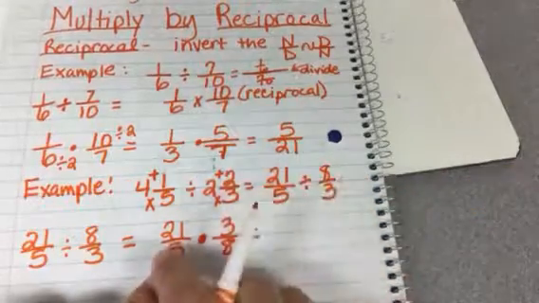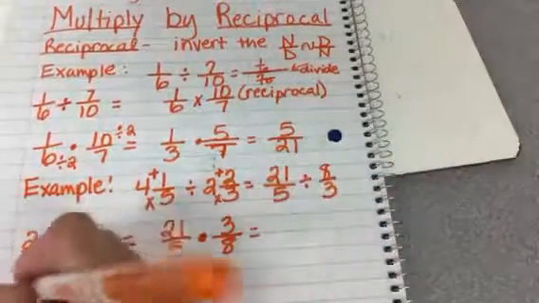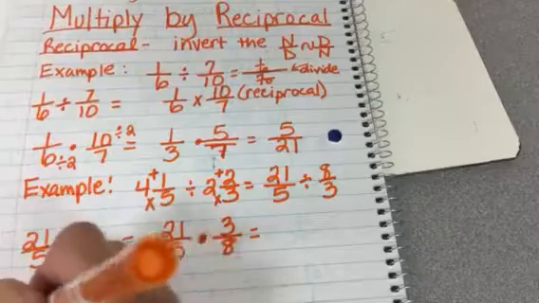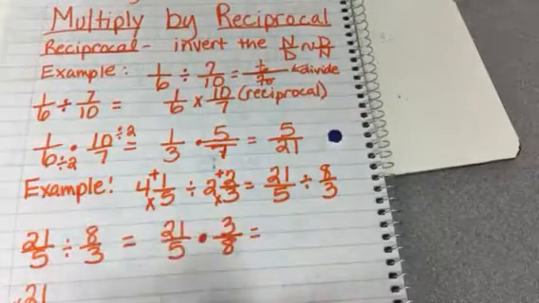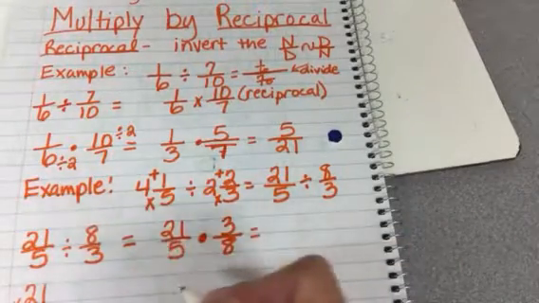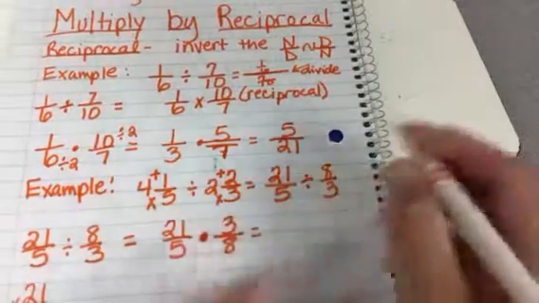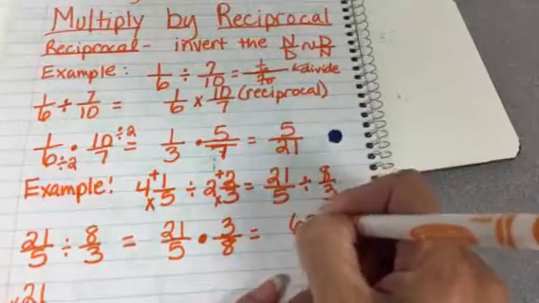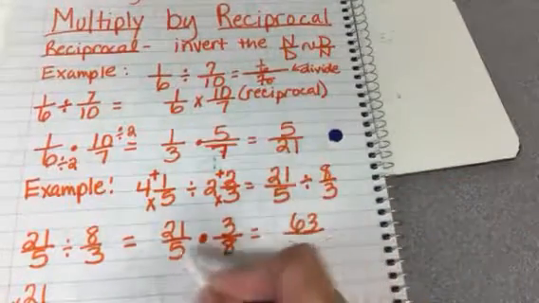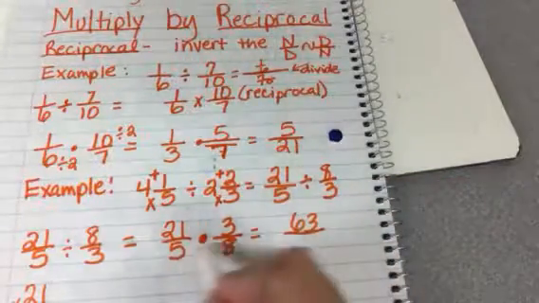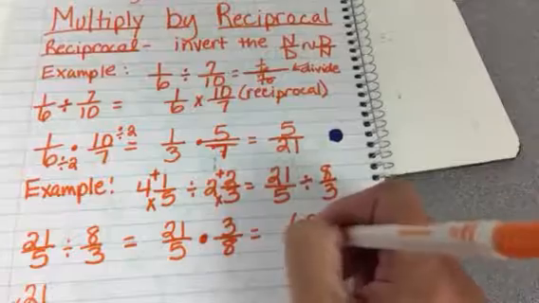So I can go ahead and just multiply straight across. I will have to show some work on this. 21 times 3, and 3 times 1 is 3, 3 times 2 is 6. So my number becomes 63, and I multiply straight across. 5 times 8 is 40.